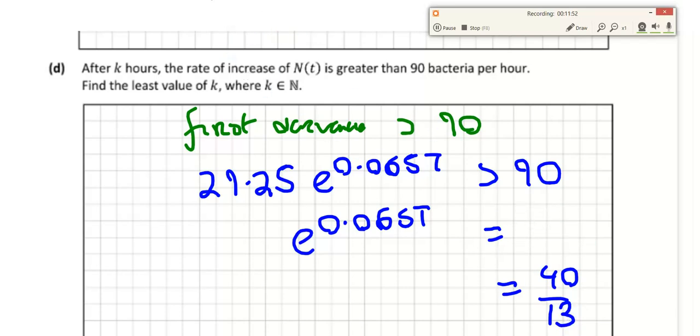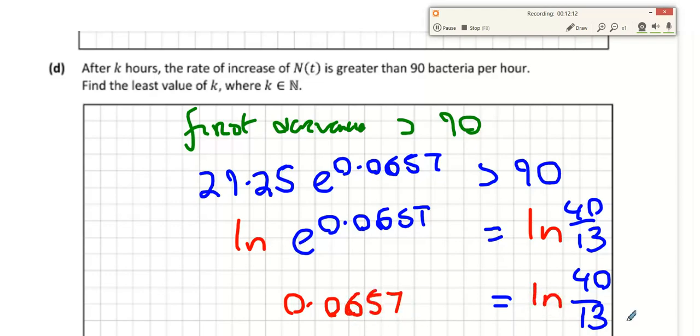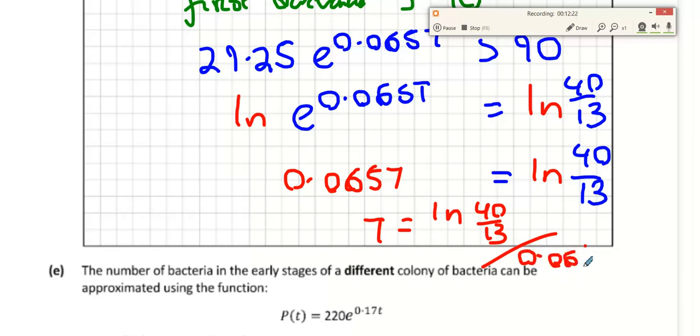Okay. What now? ln both sides. Bring the power down and divide. And then divide by 0.065. And you guys tell me what you get. 17.29.